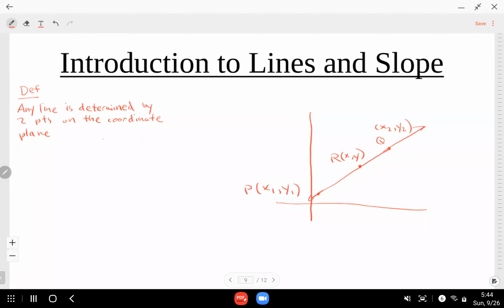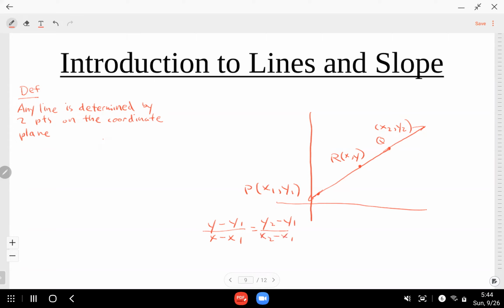So we're going to have this point R on our line if and only if (y minus y1) over (x minus x1) equals (y2 minus y1) over (x2 minus x1).